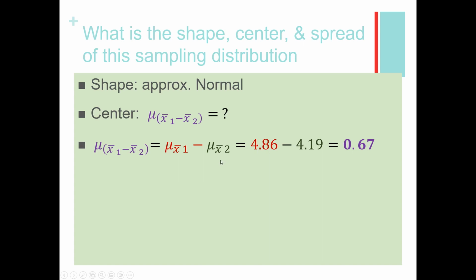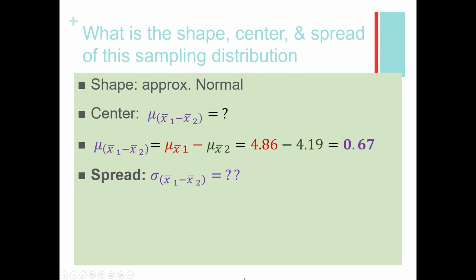The sampling distribution for the sample mean of the second population will be centered around 4.19. And so the mean of this new sampling distribution for the difference of the sample means will be simply the difference of those means, or approximately 0.67.